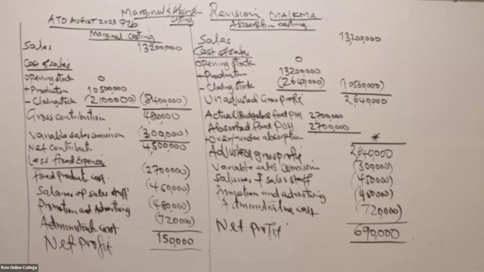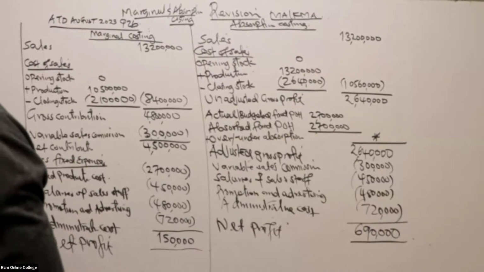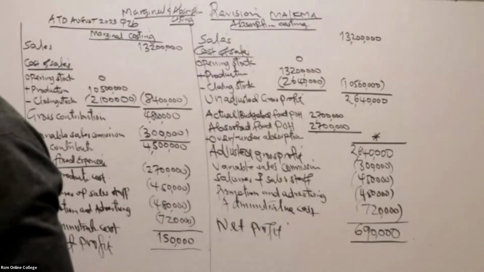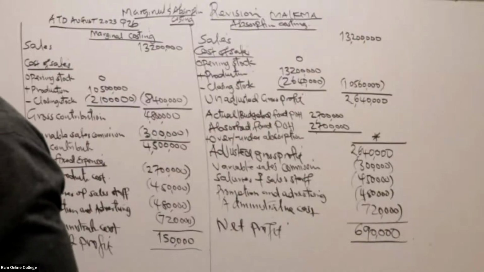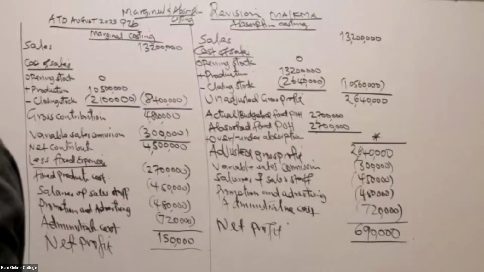How is this question marked? Final answer or entries?